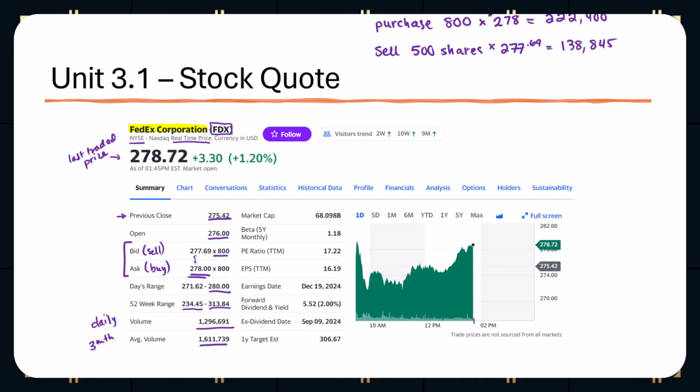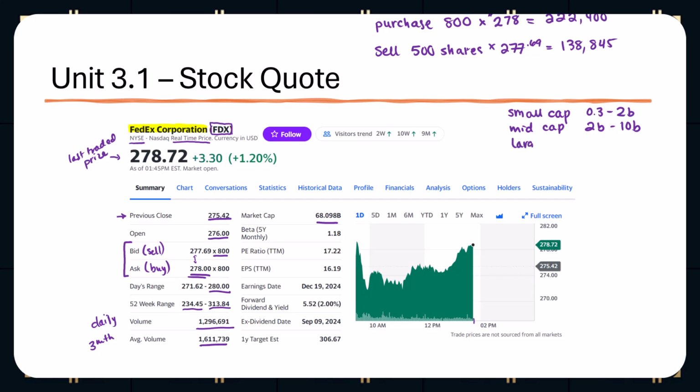Now, moving to the right-hand side of this quote, we can look at the market cap. And when we look at the market cap, we can see that FedEx is what we would call a large cap company. So a small cap, just so that we have this information, is a company that trades anywhere from 0.3 to $2 billion. That would be 300 million, of course. A mid-cap company would have a market cap somewhere between 2 billion and 10 billion. And again, FedEx is well above that.